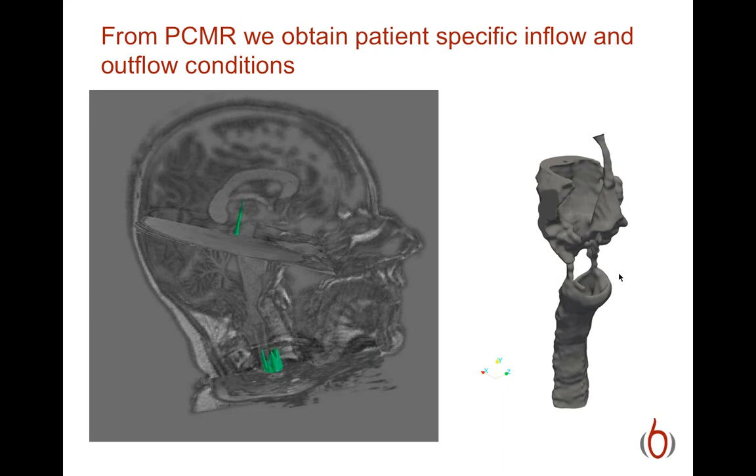But it's basically dictated by the geometry, because we know the amount of fluid that goes through this domain. So the inaccuracies have to be in the geometry. But we were careful.